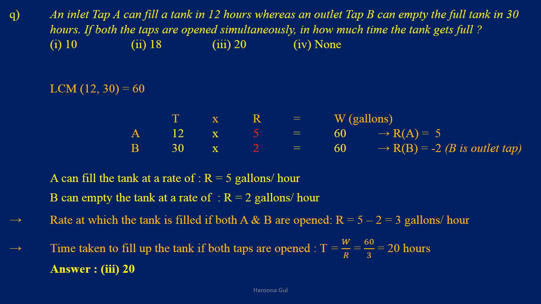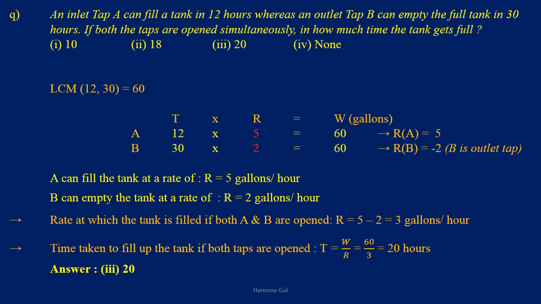Now, we know that time into rate is equal to W, therefore A can fill the tank at a rate of 5 gallons per hour and B can empty the tank at a rate of 2 gallons per hour. Now, for the rate at which the tank is filled if both A and B are opened, we're going to subtract 2 from 5, because you see B is an outlet tap, right?